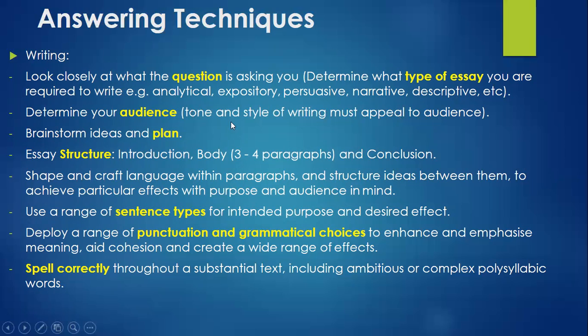So who would be reading your school magazine article? Your fellow friends from school, teachers, and even parents. Therefore, the words that you use, the style of writing, should suit all this audience that are going to read your text.